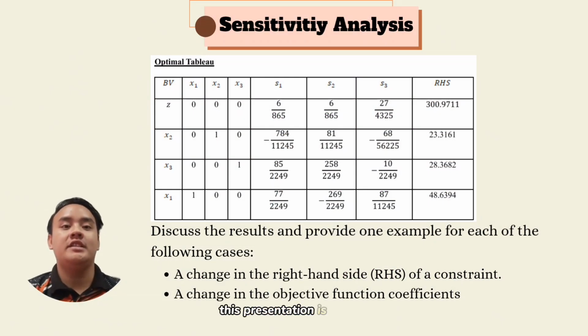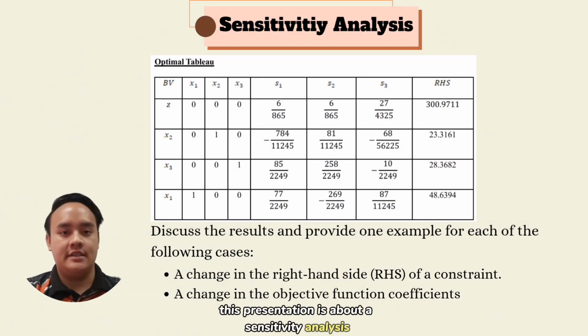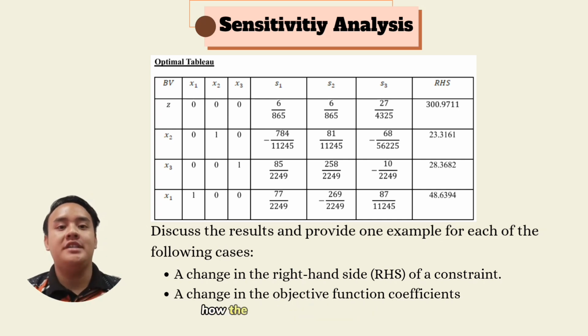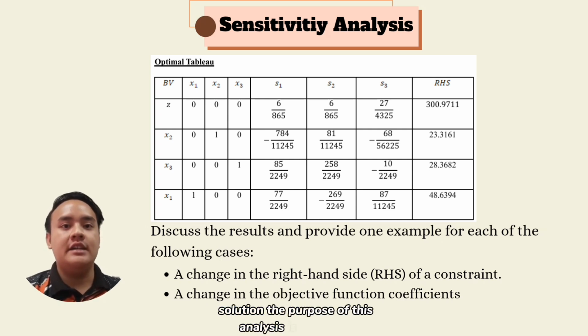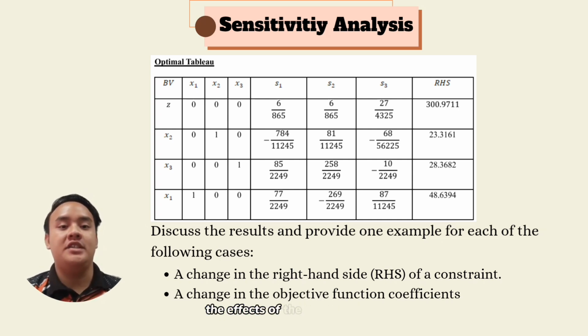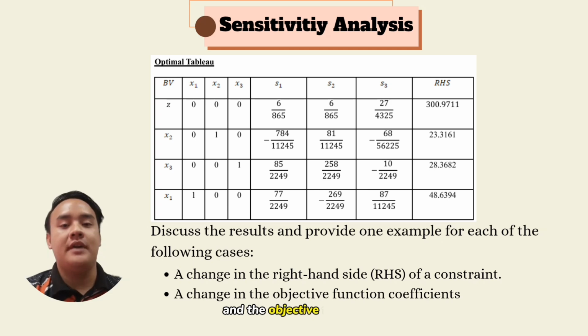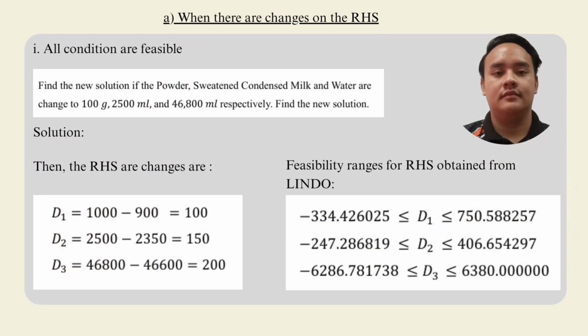This presentation is about sensitivity analysis. Sensitivity analysis is used to study how changes in a model affect the optimal solution. The purpose of this analysis is to discuss the effects of changes in two main areas, which are the right-hand side of the constraints and the objective function coefficients.